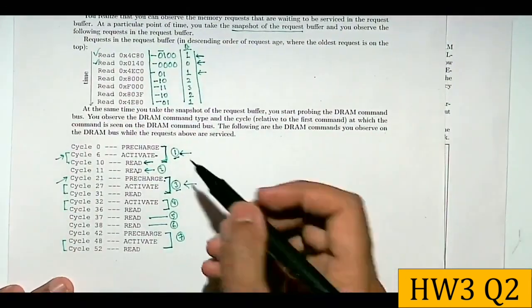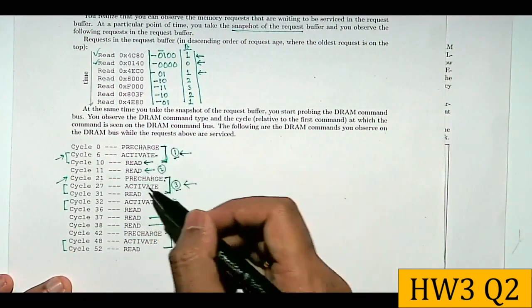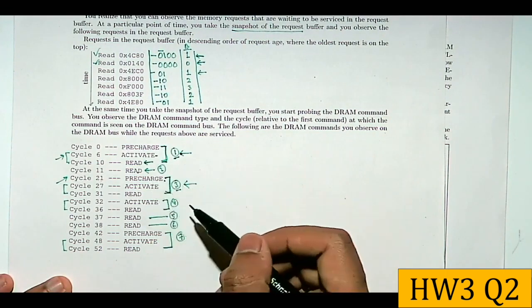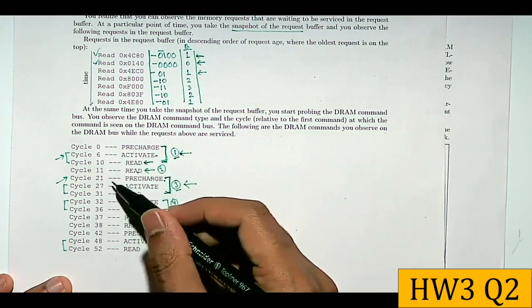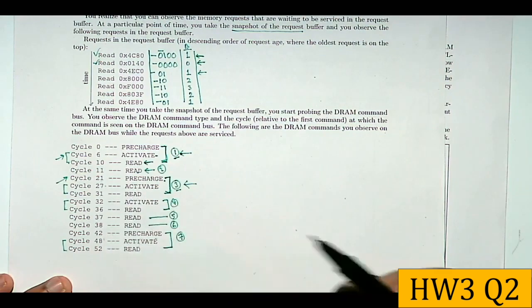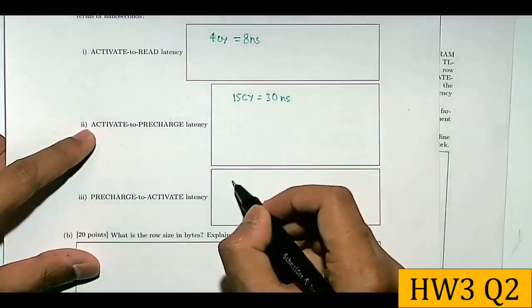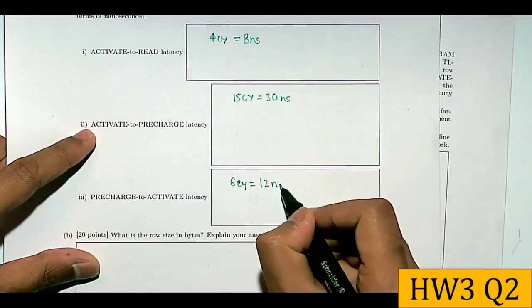Pre-charge to activate is straightforward. In all three cases, these three pairs are followed by 6 cycles, right? So that means it has to be 6 cycles, which is equivalent to 12 nanoseconds.